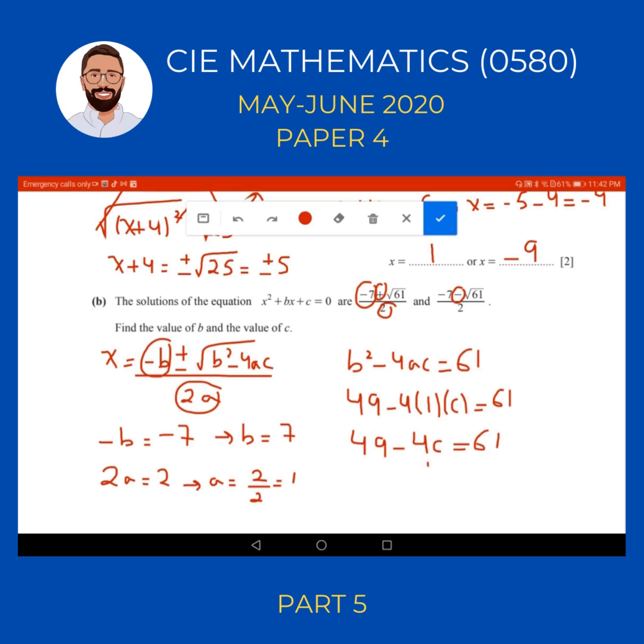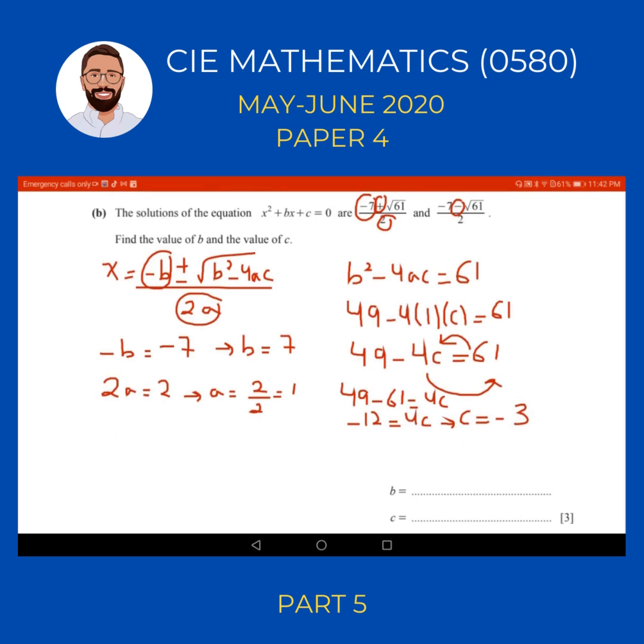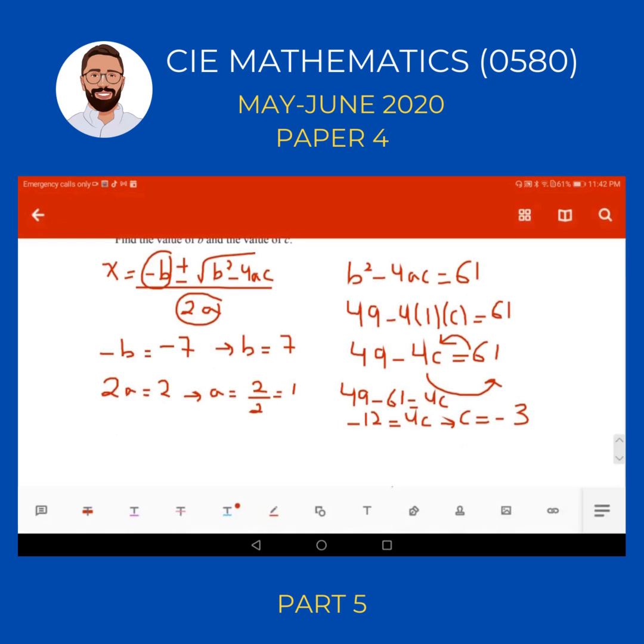I want to shift negative 4c to the right and 61 to the left. So 49 minus 61 is equal to 4c. So negative 12 is equal to 4c. So c is negative 12 over 4, which is negative 3. So the value of b is 7 and the value of c is negative 3.